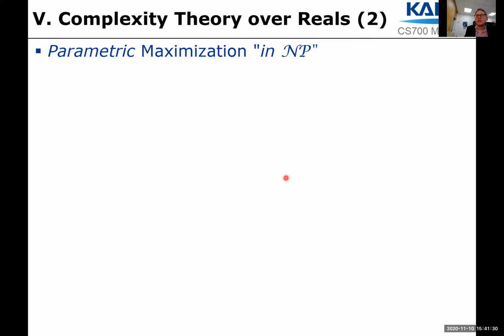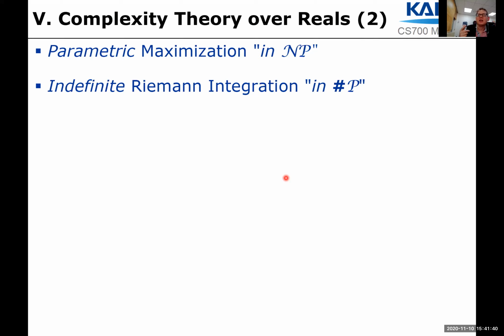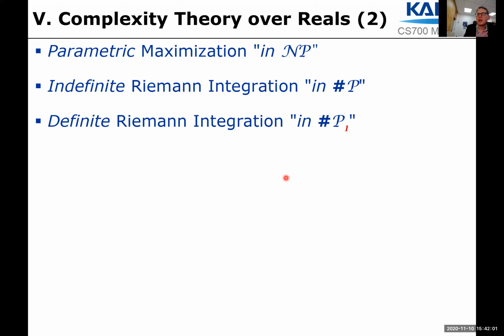Whereas if we consider the similar problems for general and in particular for smooth functions, then both parametric maximization and integration turned out to be much harder, in the sense that they actually characterize discrete complexity classes and famous open problems in discrete complexity theory, namely parametric maximization characterizes NP, indefinite Riemann integration characterizes #P, and definite Riemann integration characterizes unary #P, that is, #P1.